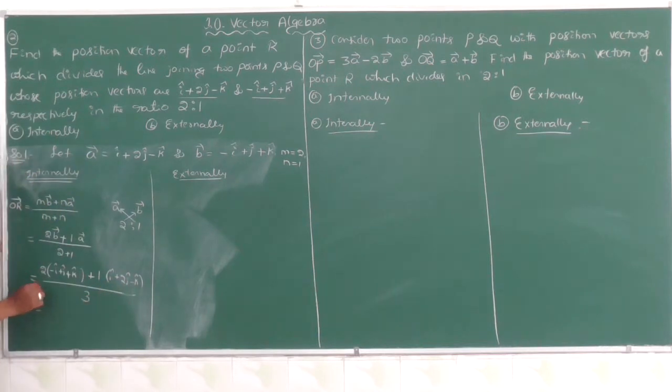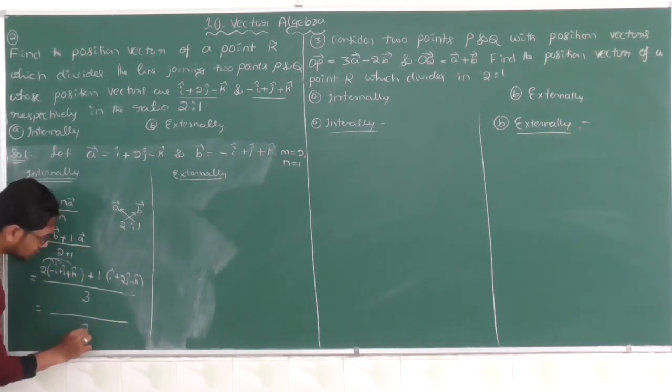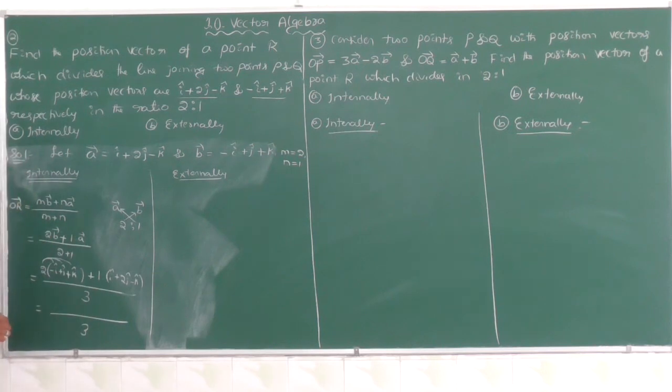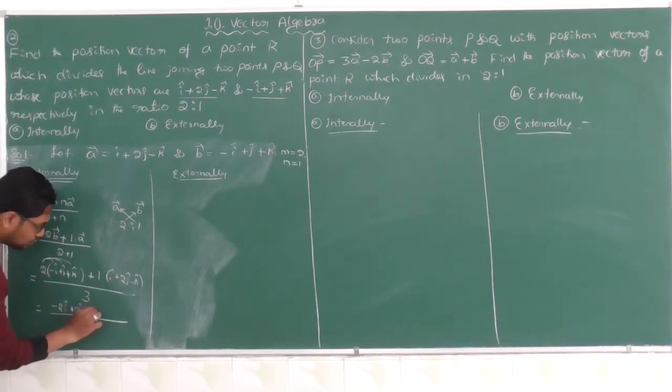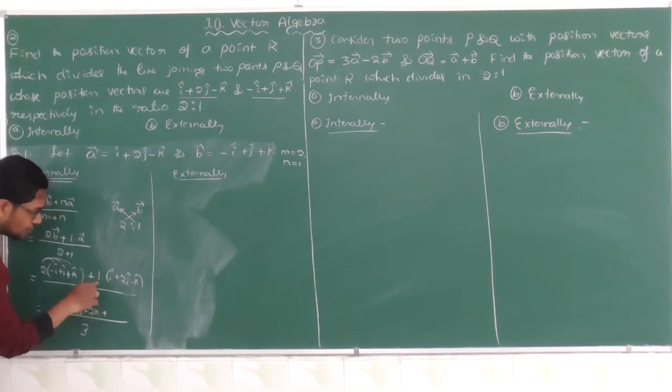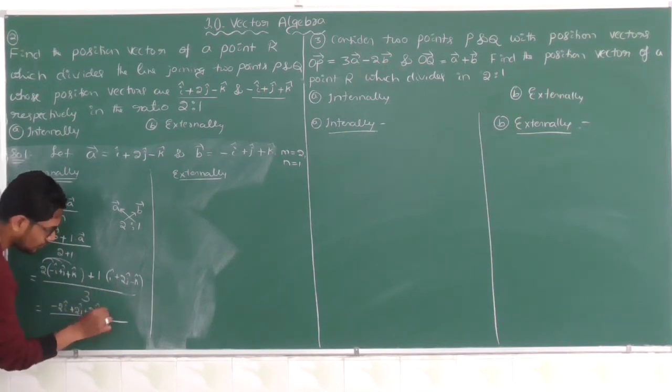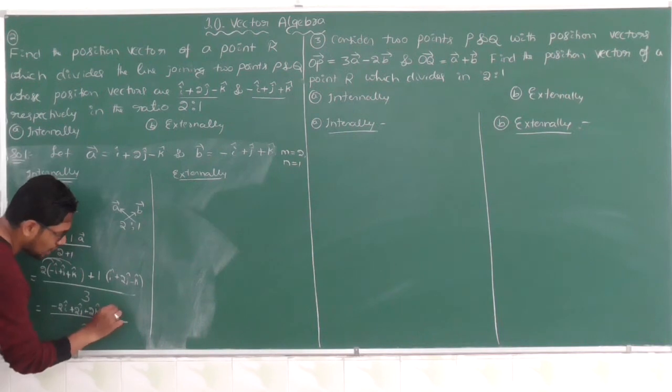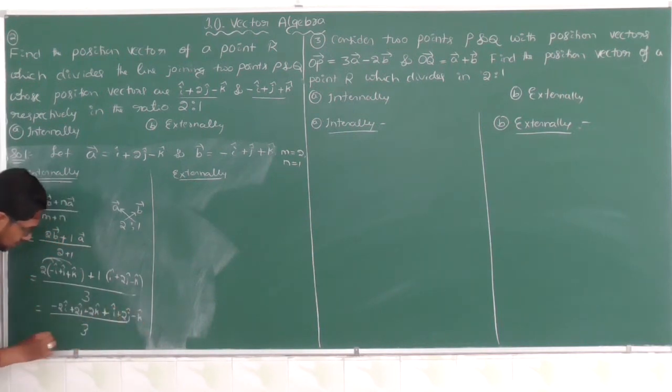Now just multiply inside the brackets. With denominator 3, we get minus 2i cap plus 2j cap plus 2k cap plus i plus 2j minus k.